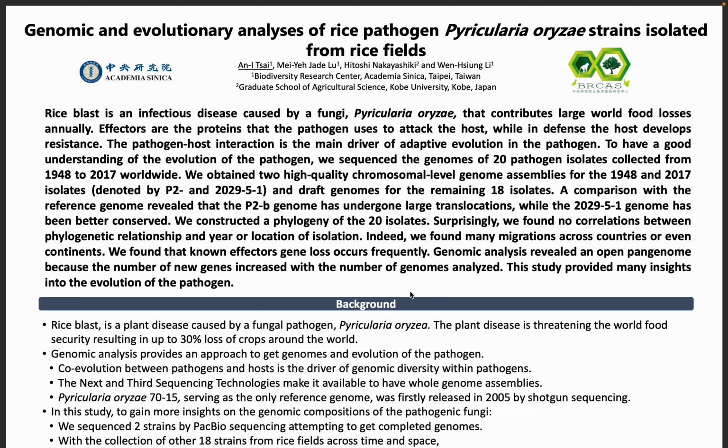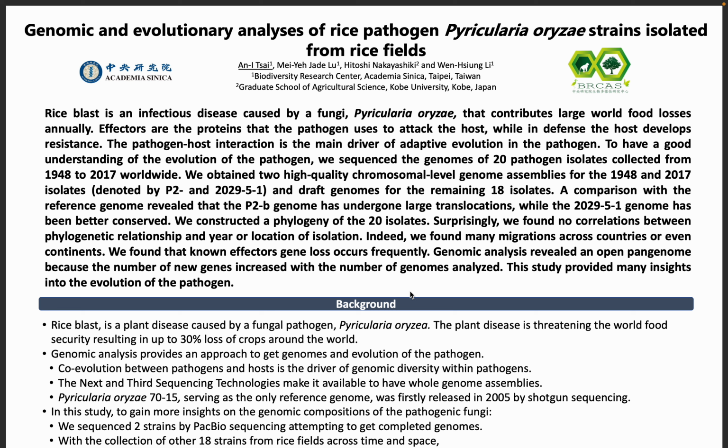The relationship between the pathogen Pyricularia oryzae and one of its main hosts, rice, is actually a pathogen-host interaction, and such interaction is the main driver of adaptive evolution in the pathogen.